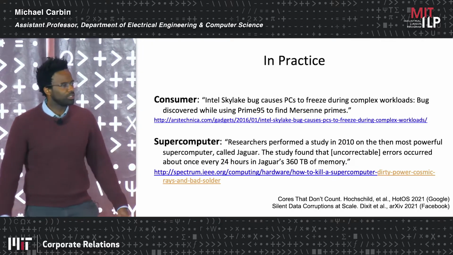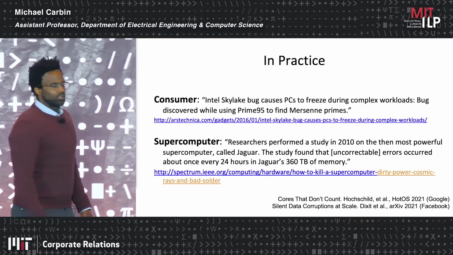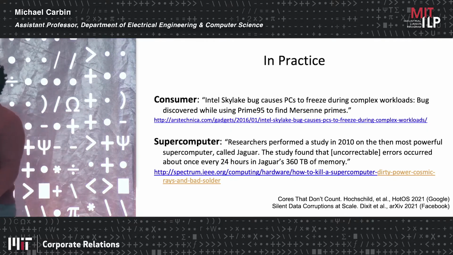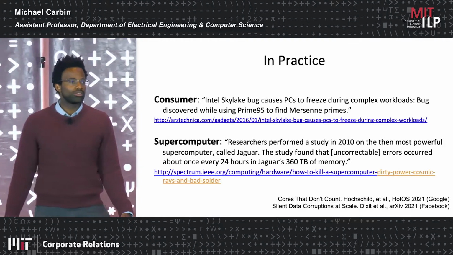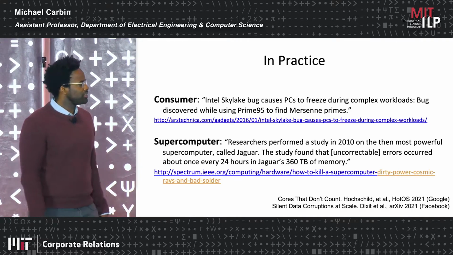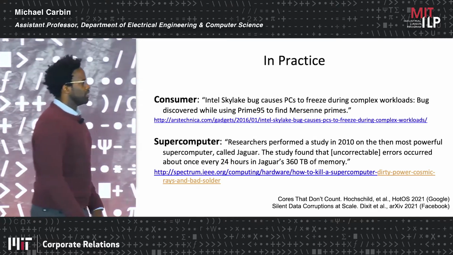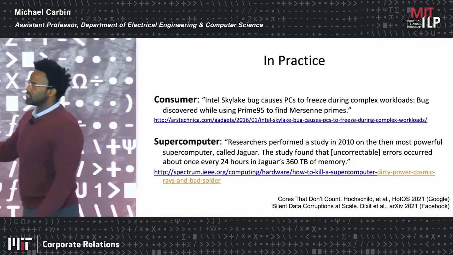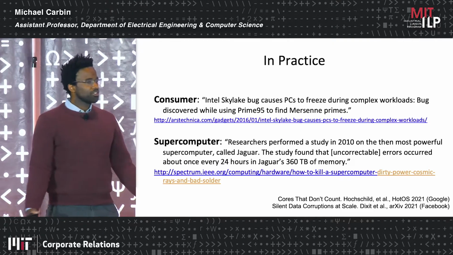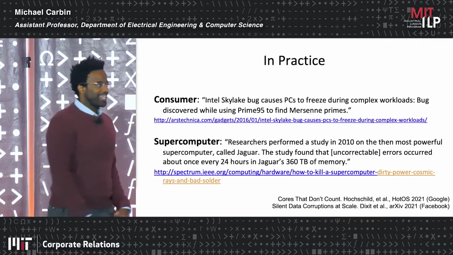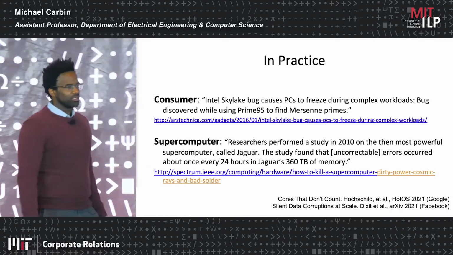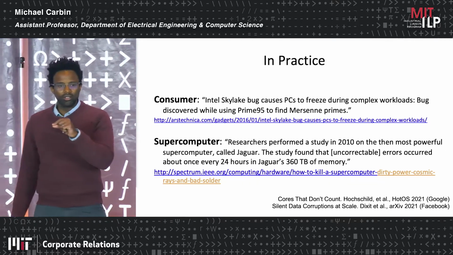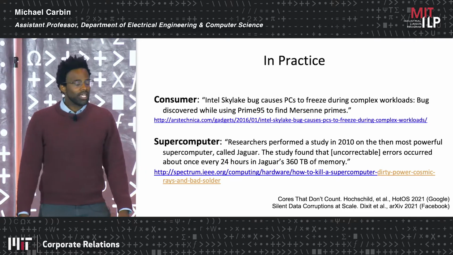At the consumer level, if you're really stress testing your machine at times, you'll find that every so often your computations actually come out incorrectly. Where people really care about this is at the supercomputing level. Large government entities like the DOE that are doing large-scale scientific simulations commonly see these types of bugs and issues show up, because these are large distributed computations running across tens of thousands of processors, and the probability that one processor, or one little element in that processor or the memory, goes wrong in that entire machine is actually quite high.